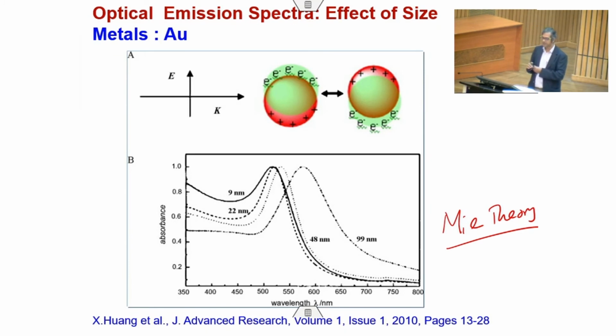The first thing you are seeing is the size of the nanoparticle altering these emission wavelengths. From 600 it can go down to about 500 nanometers as the size decreases. That means a blue shift happens as the size decreases for the sphere spectrum.